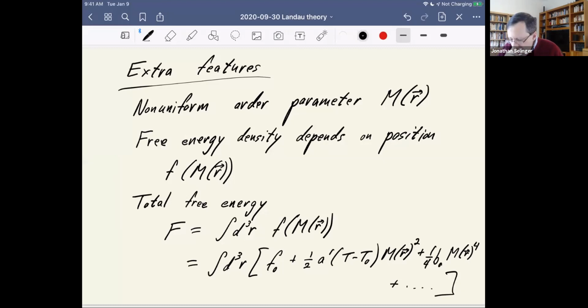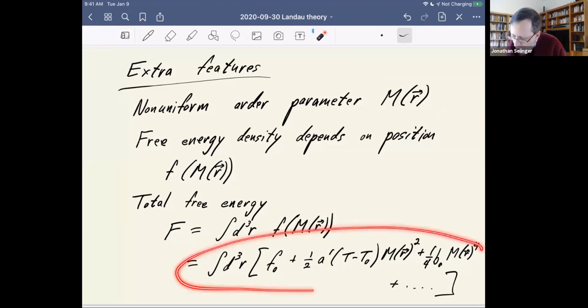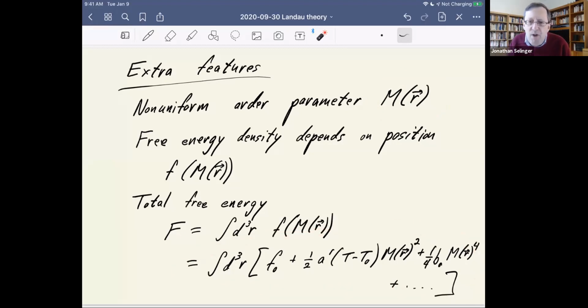So this is one way that position comes in. Now instead of just having one single M, it's M of R depending on position, and so now we have to be integrating over all the positions. So this is one generalization of the thing that we've done so far.